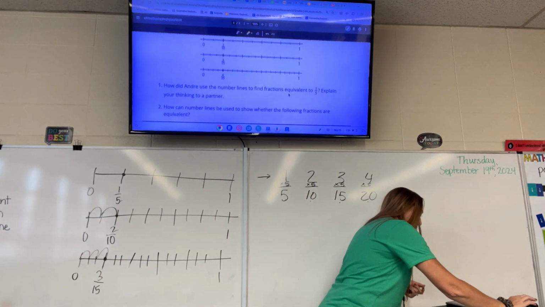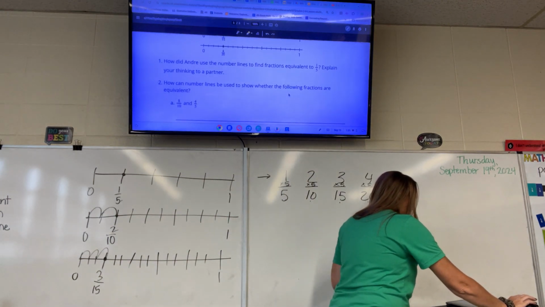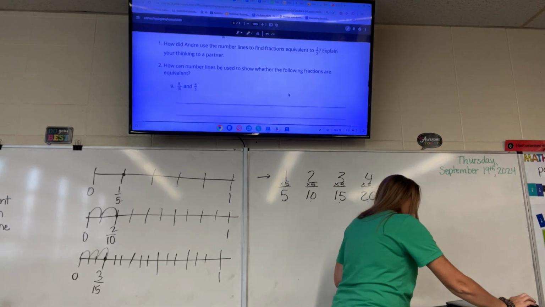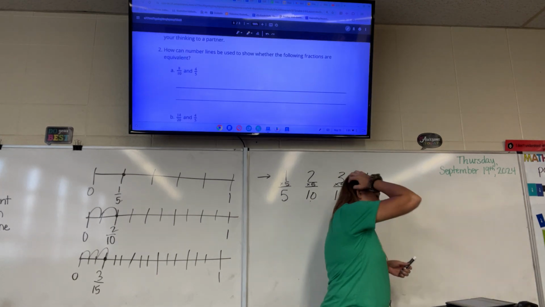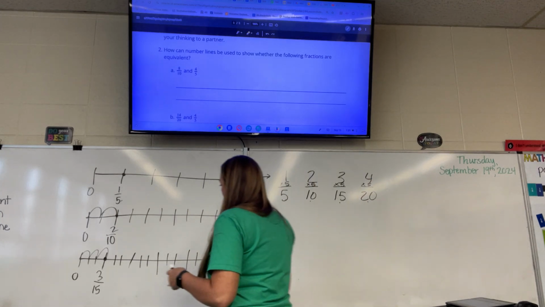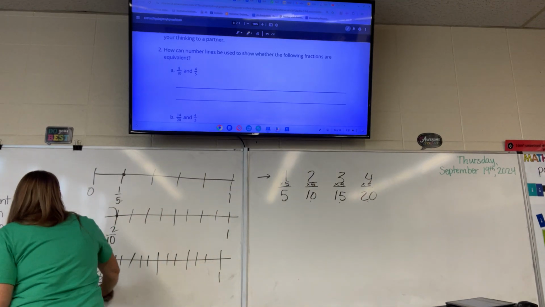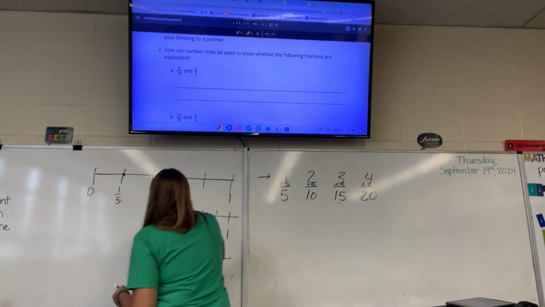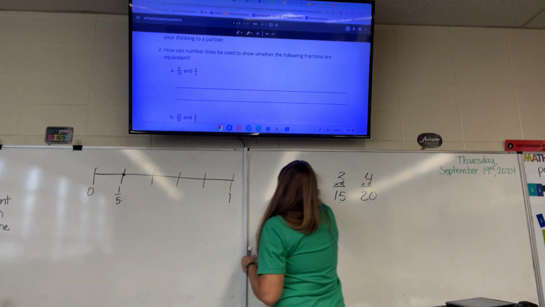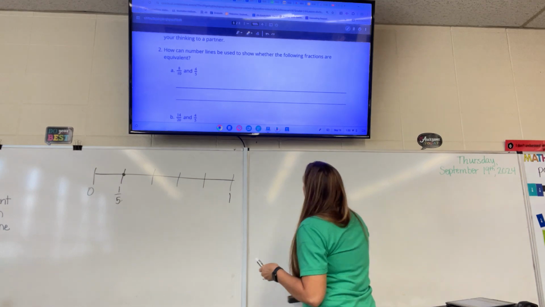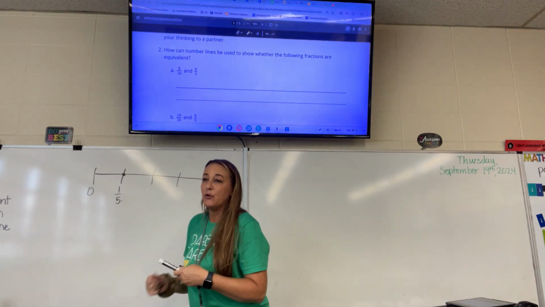Okay. So it says, how can number lines be used to show whether the following fractions are equivalent? Okay. So we've got a number line, and they want to know how number lines can be used to show 8/10 and 4/5.